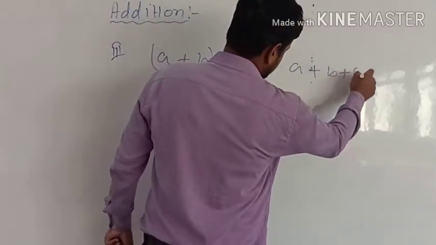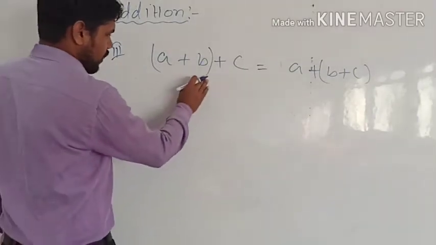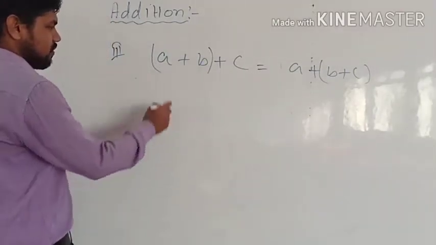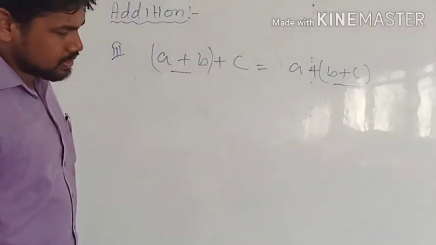That means the order of adding the numbers doesn't matter, either the first two you can add or the last two you can add. The sum will be the same.